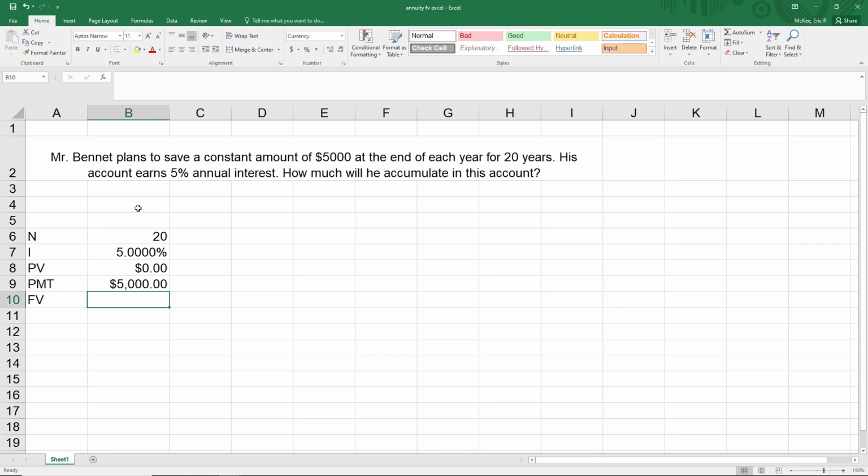I'm going to leave payment as a positive number. Keep in mind that with these types of Excel functions, Excel assumes you are finding future value from someone's perspective, and therefore the signs you put on present value, payment, and future value matter. If you set it up wrong, you can cause problems.